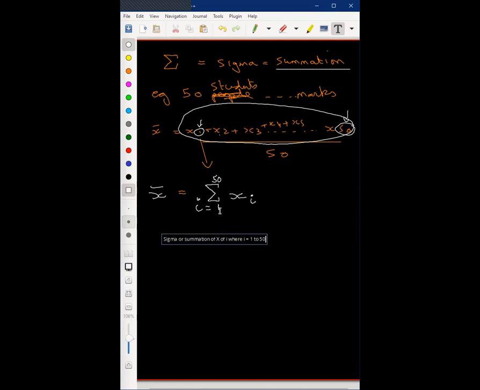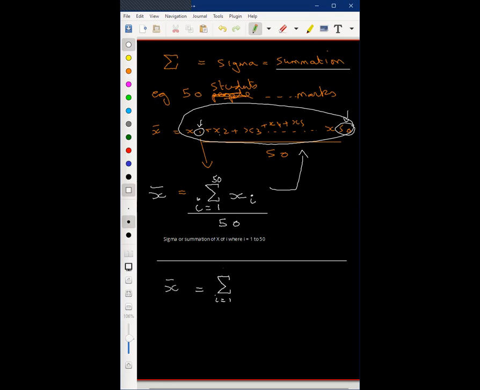This essentially converts into this same formula here, right? And then obviously we will do upon 50. So our formula for summing up 50 numbers would become x bar is equal to sigma, I is equal to 1 to 50, x of I, upon 50.